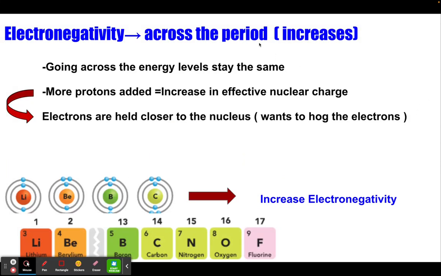Across a period, across the table, electronegativity increases. We have the same number of energy levels, but the additional protons are going to attract those electrons more. So this atom is going to hold on to the electrons greater because of that additional positive charge. So as the electrons get held closer to the nucleus, they want to hog the electrons.